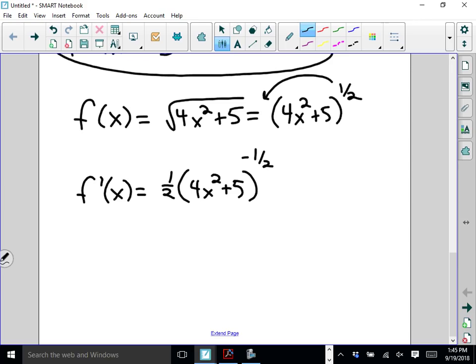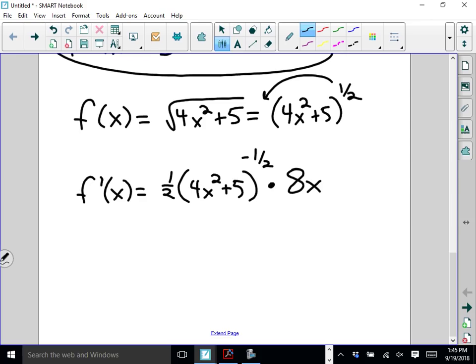I have to keep that inside the same because it's the derivative of the outside with respect to the inside. I don't do the derivative of the inside yet. I now have to multiply by the derivative of the inside. So what am I going to multiply this whole thing by? I'm going to multiply the whole thing by 8x.